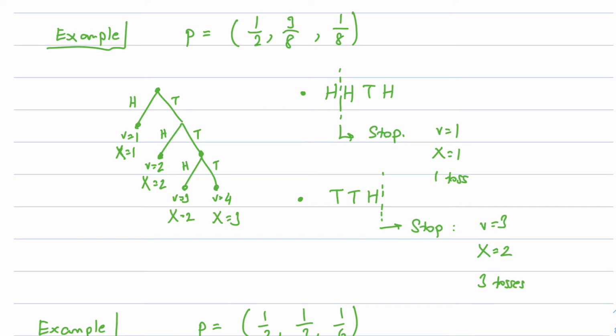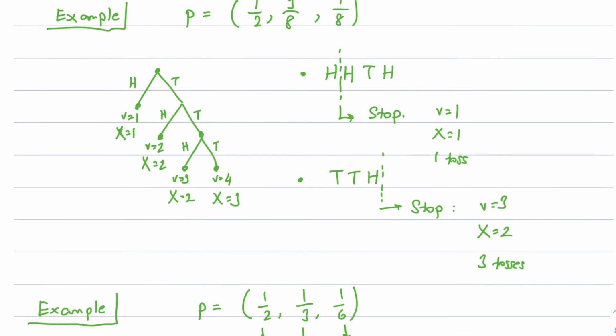Let's say that the random coin tosses are heads, heads, tails, and heads. We see that after the first coin toss, we already reach the leaf v equals 1 and it is assigned to x equals 1. Therefore, we stop after the first coin toss.